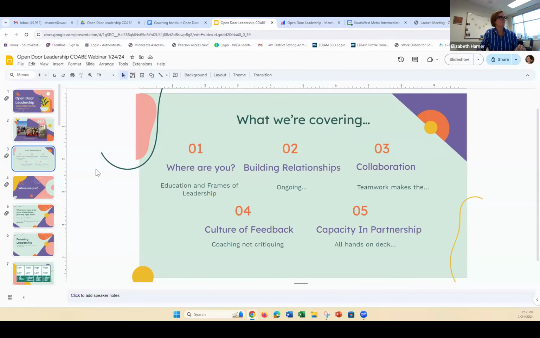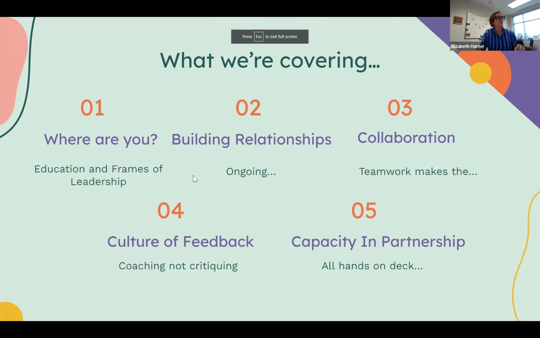And then start talking about leadership. We talked a little bit about where we are in leadership, and I don't need to go over some of the statistics from the last few years as far as education, particularly at the K through 12 level. But it is really important that the leadership in education be there for our teachers.